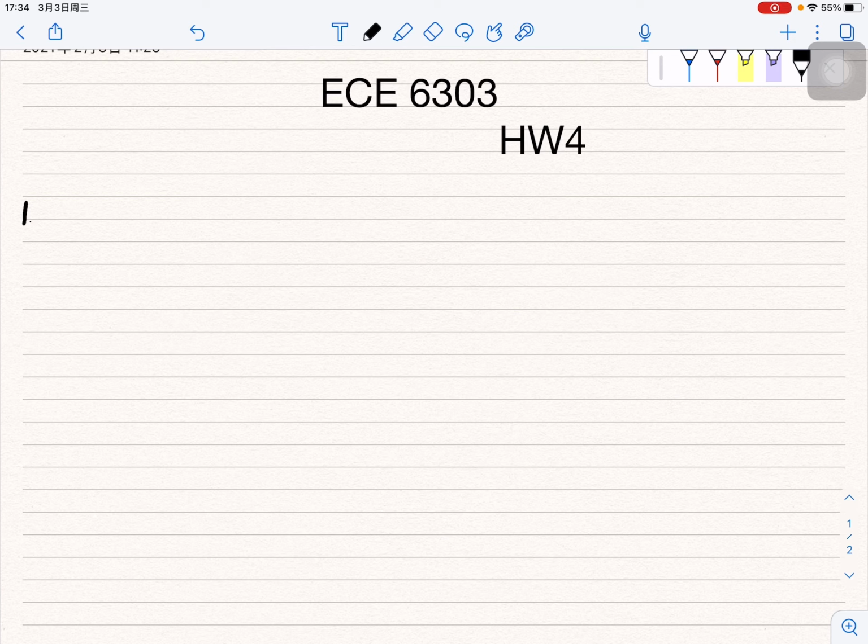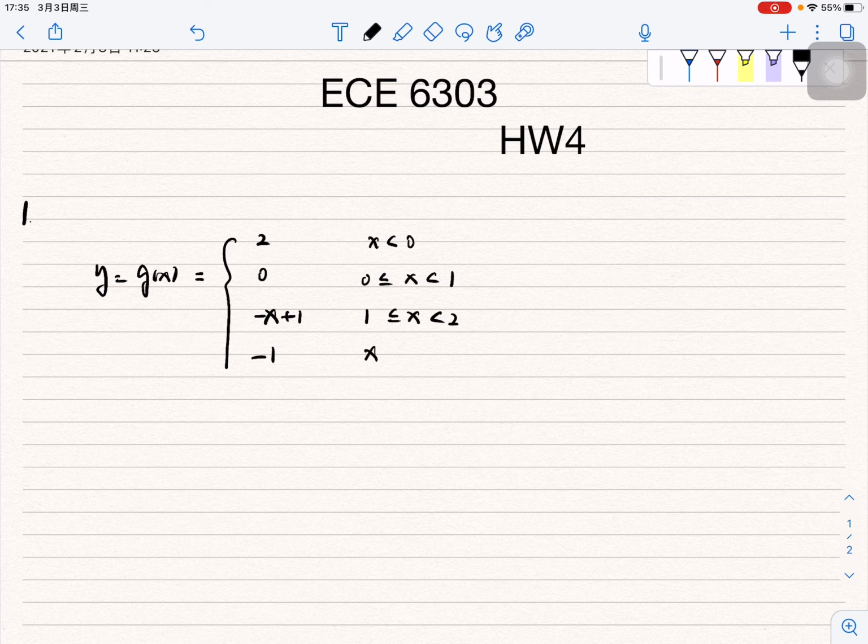Here we have the function y equals g(x) into 0, minus x plus 1, minus 1, where x is less than 0, 0 is less than x less than 1, 1 less than x less than 2, and x is greater than 2.